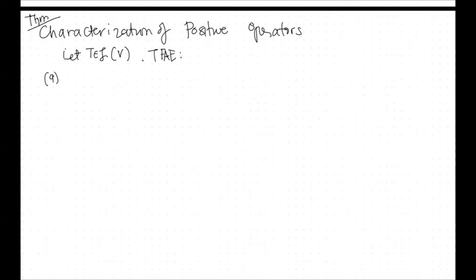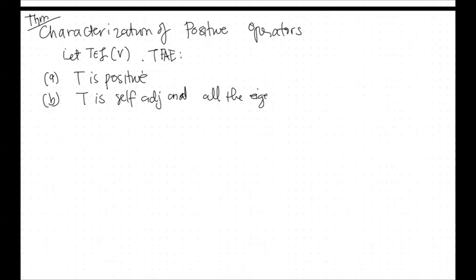A, T is positive. B, T is self-adjoint and all the eigenvalues of T are non-negative.